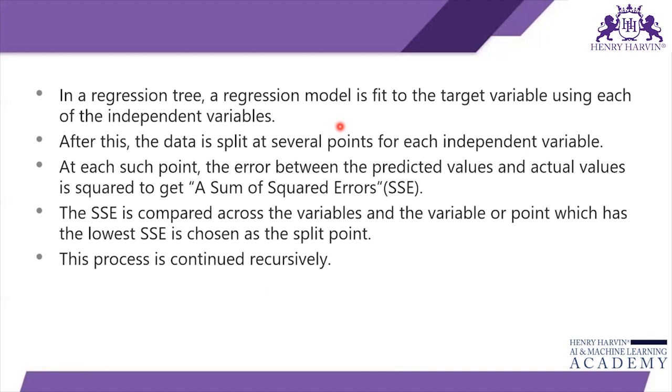For every independent variable, when we get some value, we go to that point and make a split. At each such point, the error between the predicted and the actual value is squared, and we sum up all those errors to see the total error in our algorithm.